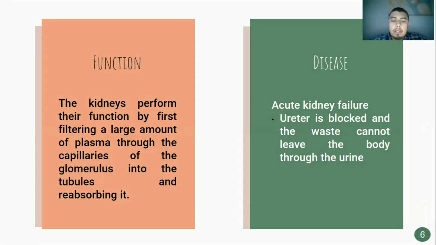One of the causes is that the urine that comes out of the drainage tubes is blocked and the waste cannot leave the body through the urine. And this causes harmful levels of waste to accumulate and the chemical composition of the blood becomes unbalanced, and it could cause death.